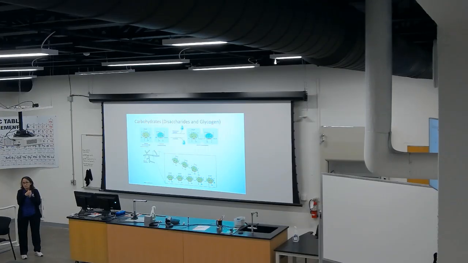And we have disaccharides like lactose, which is the sugar of milk, that has glucose and galactose, or sucrose, which is glucose and fructose. So sometimes naturally the foods that we ingest may have these disaccharides or polysaccharides.